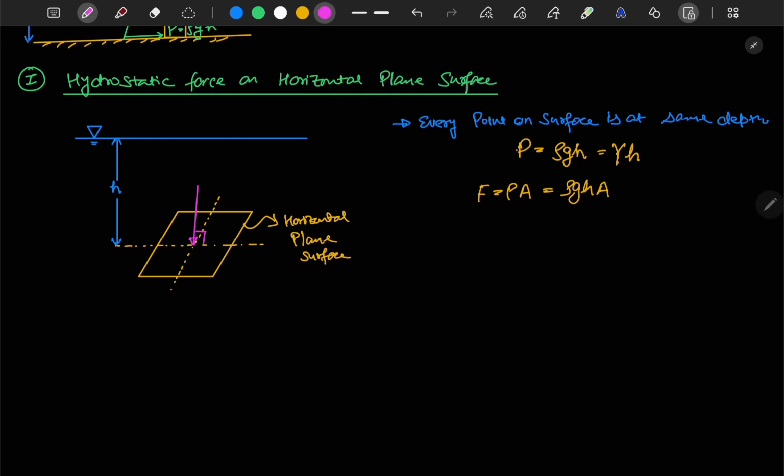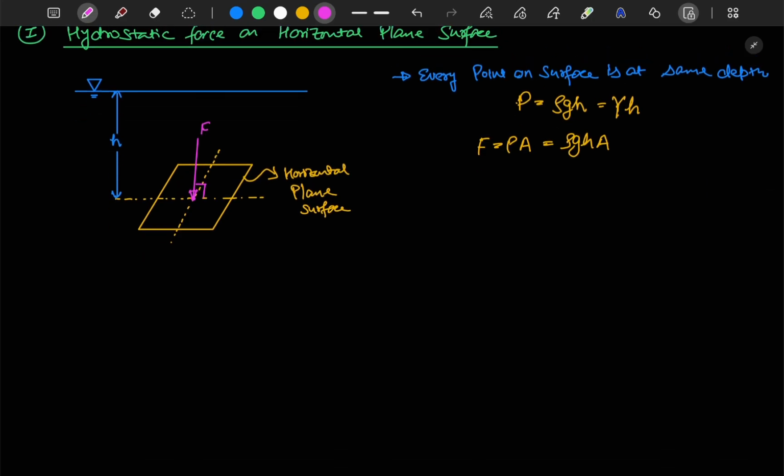This is the force F. This force will act at the centroid of the plate, and this centroid is the center of pressure.